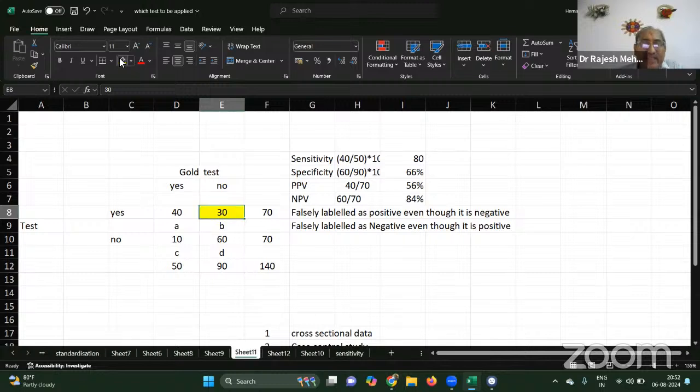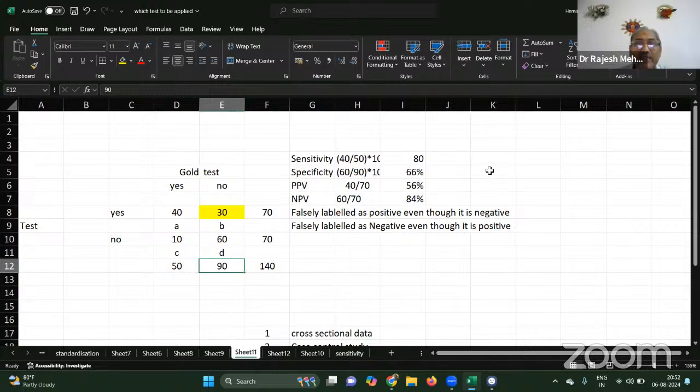These 30 are falsely labeled as positive, even though they were negative. So we can say that 30 out of 90 are labeled as positive, even though they were negative.